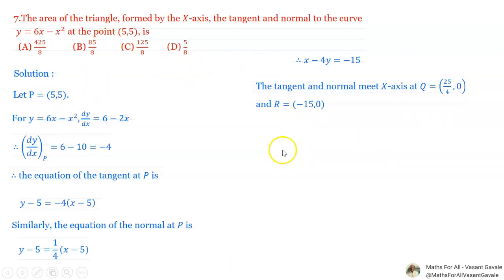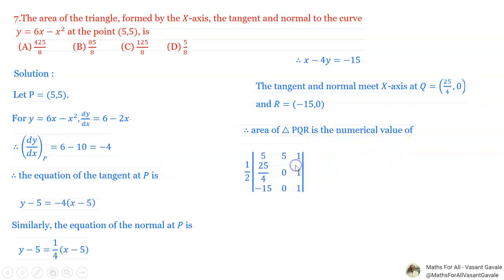We want to find out the area of the triangle, and that is therefore the area of the triangle PQR, a numerical value, equal to 1 upon 2. We know this type of formula: when the coordinates of the three vertices of the triangle are given, then its area is 1 upon 2 times the determinant of x1 y1 1, x2 y2 1, x3 y3 1.